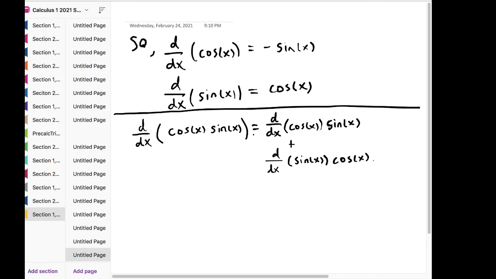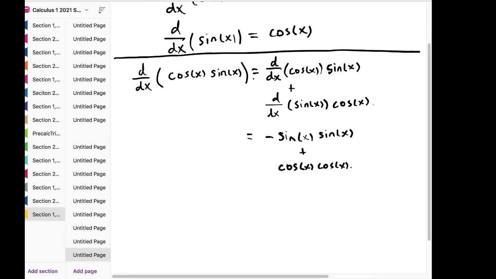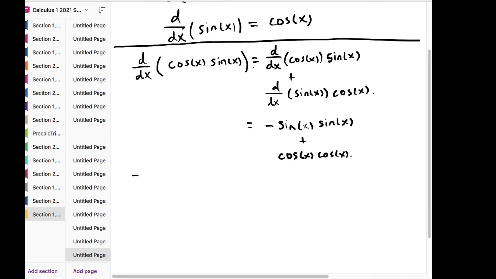So what is the derivative of cosine? We just established it. It's negative sine. And then what's the derivative of sine? It's cosine. Okay, and so what is this? This is cosine squared minus sine squared.